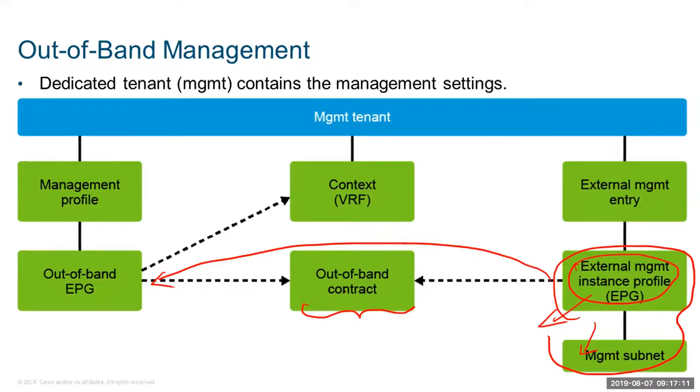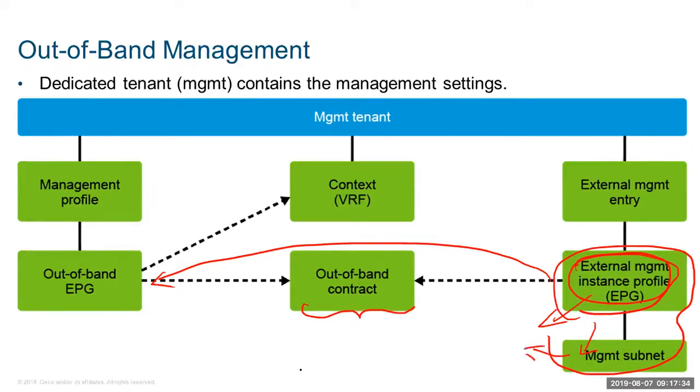Okay, so notice they've very particularly said out-of-band contracts. So it's not a regular contract. These contracts are configured in the management tenant. You would use out-of-band contracts to allow any hosts that qualify in this EPG. They call it the external management instance profile.